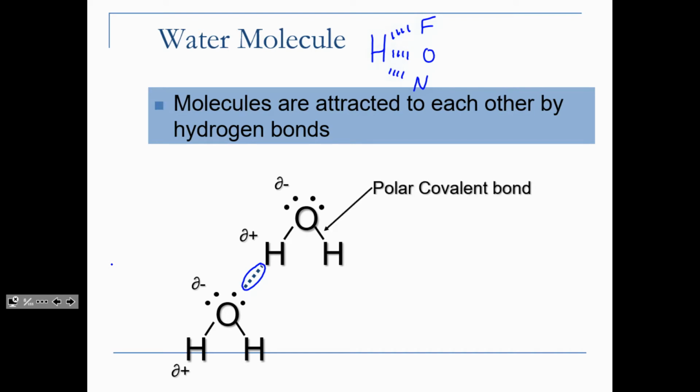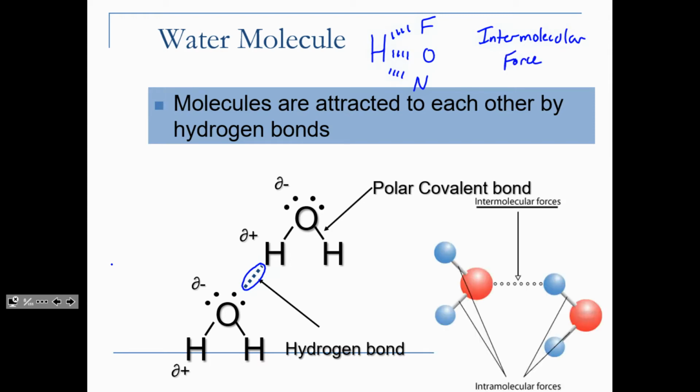So we have a polar covalent bond between the atoms, but we have a hydrogen bond in between molecules, which we call the intermolecular force. This is a specific type of dipole interaction that is stronger.